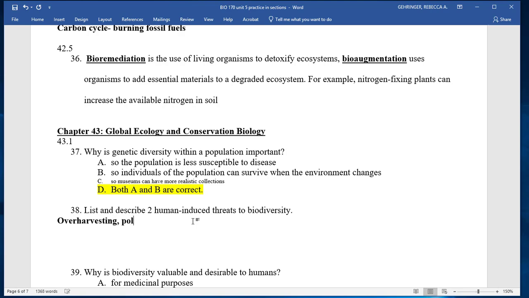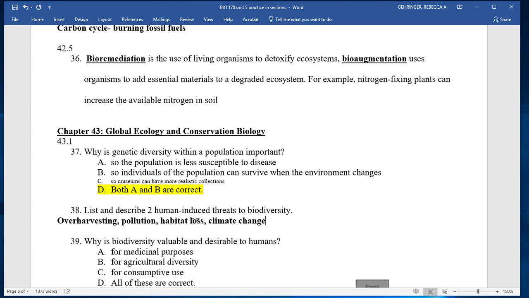You could say pollution. I mean, that's 2. You could say habitat loss and degradation, or habitat loss, right? We could kind of go on and on here, but those are the big 3. You could say climate change if you wanted. Again, we could go on and on with that one.